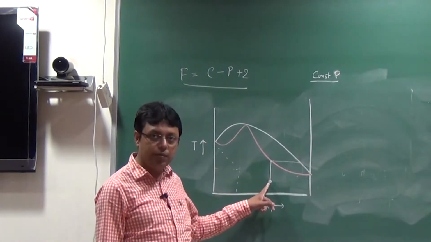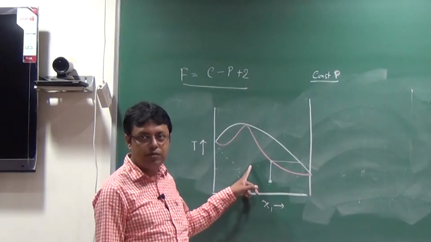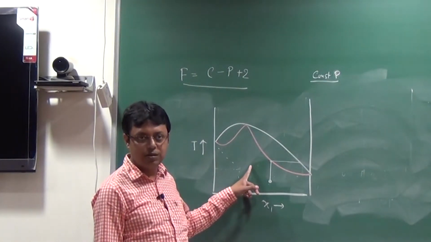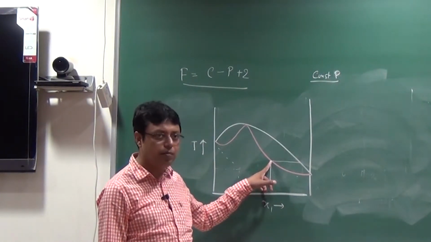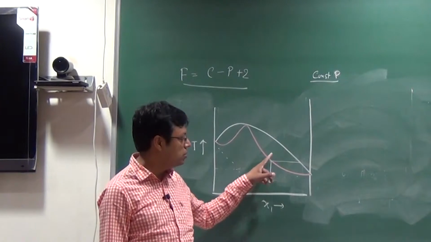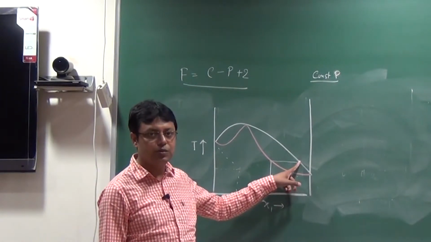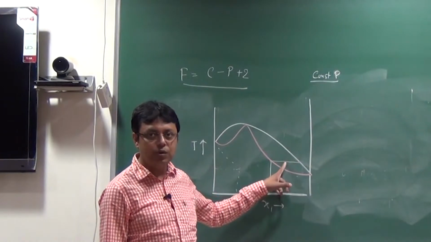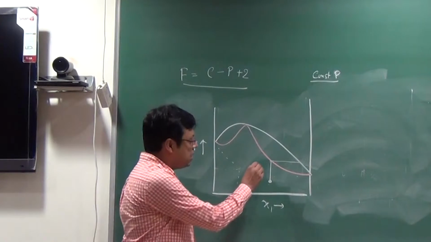So what is left behind will be somewhere here, to the left of it. Clear? Because at this composition, this was the vapor composition, this is the liquid composition, and this is component one. But this one, suppose I am removing. So then this one is enriched.